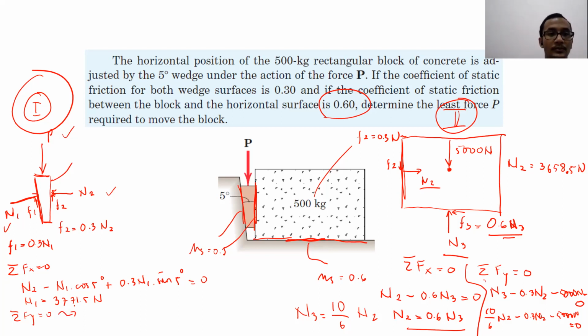Using sigma Fy equal to 0, what we will have is P minus F2, which is 0.3 of N2, minus F1 cos 5 degrees, which is the same as 0.3 N1 cos 5 degrees, then minus N1 sin 5 degrees equal to 0. Using that, we can find the value of P.